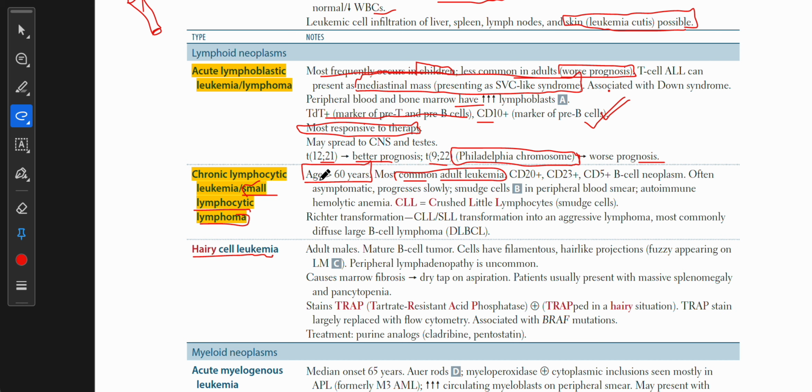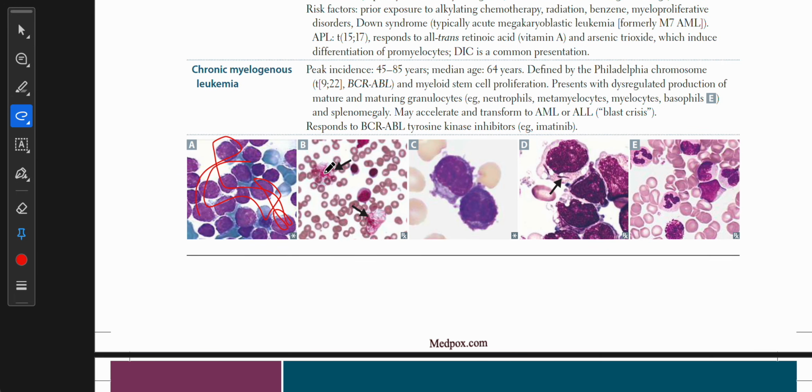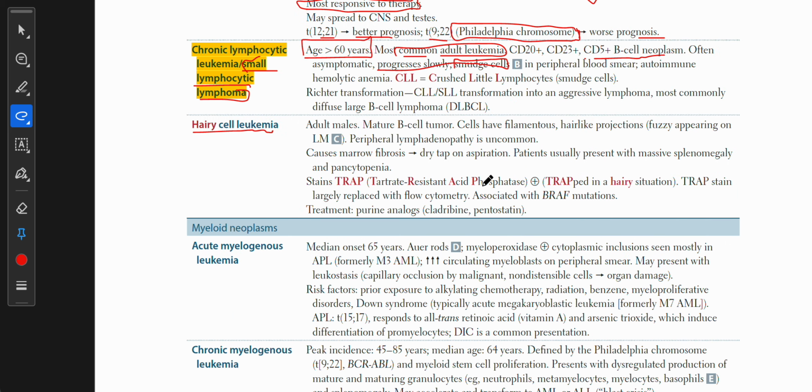So CD20 plus, CD23 plus, CD5 plus B cell neoplasm, all are positive, right? This is often asymptomatic and progresses slowly, and smudge cells are present. These are smudge cells right here. Smudge cells are the kind of cells that appear like they have just been blasted, like something just covered these.